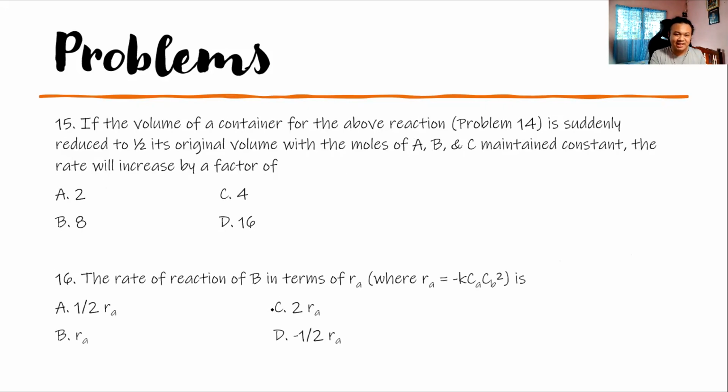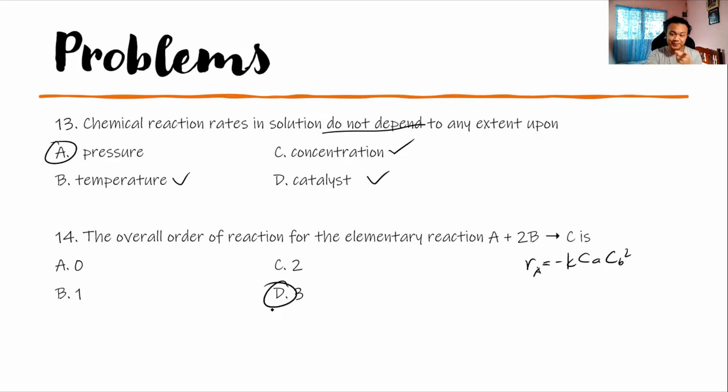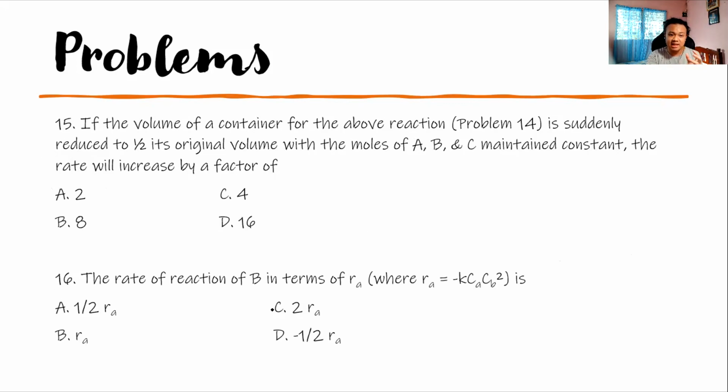Next, if the volume of a container for the above reaction is suddenly reduced to 1/2 of its original volume with the moles of A, B, and C maintained constant, the rate will increase by a factor of what? Let's write that here: k C_A C_B squared. C_A is equal to N_A over V, since concentration is moles over volume.